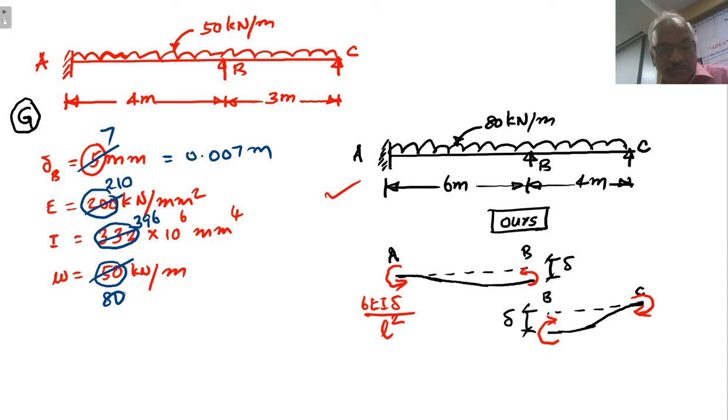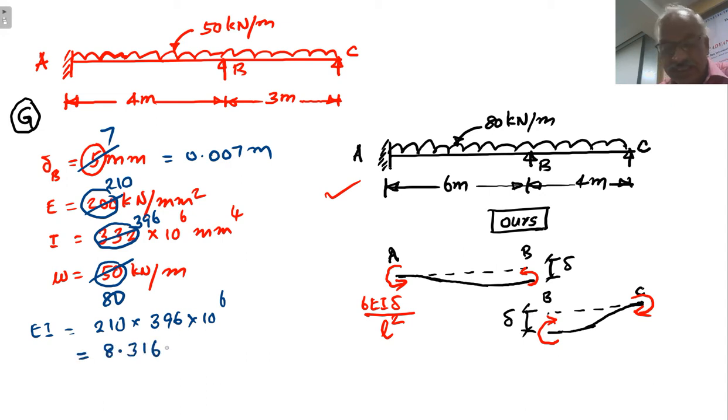Now coming to delta equal to 0.007, and coming to EI, E is 210, I is 396 into 10 power 6. On multiplication we will get this equal to 8.316 into 10 power 10.